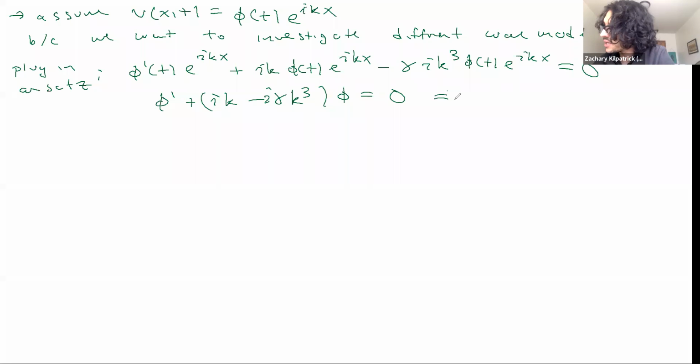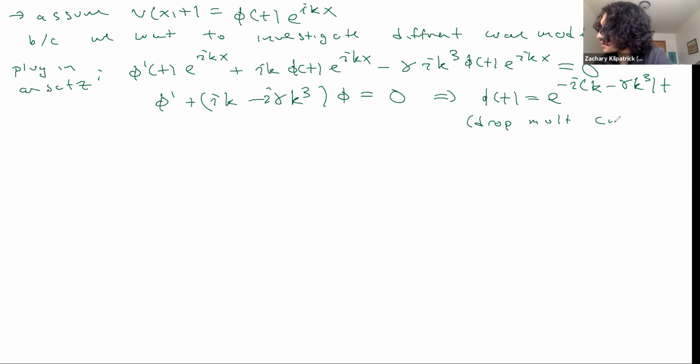And we can solve this for phi of t is equal to e to the minus (ik minus i gamma k cubed) t, where we'll just drop the multiplicative constant here.